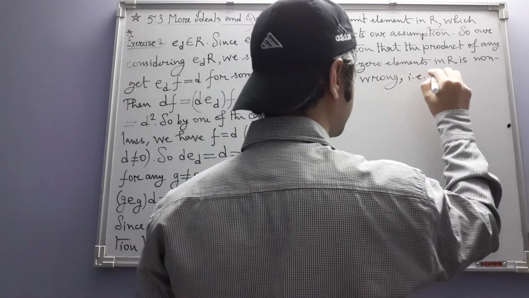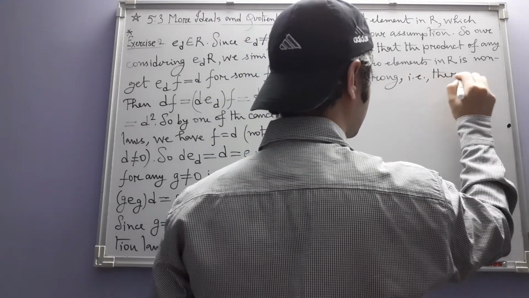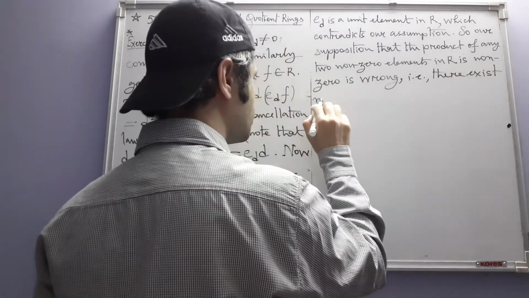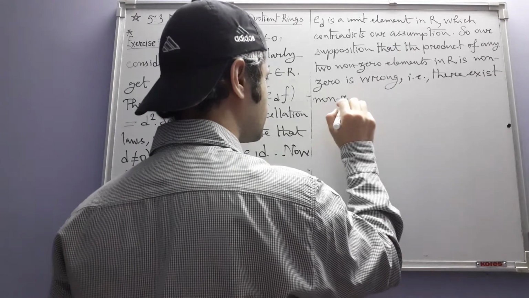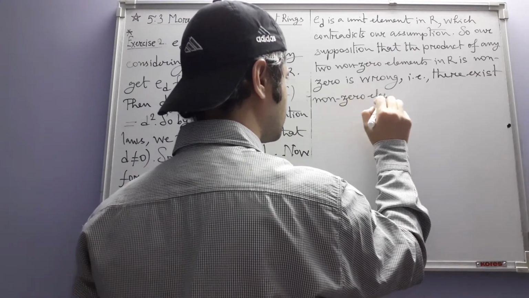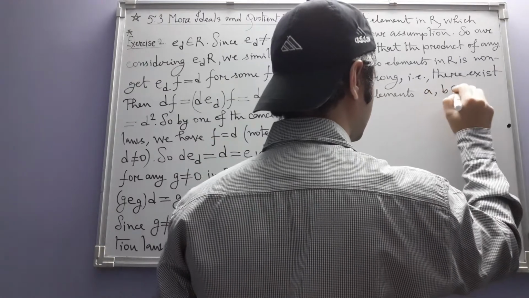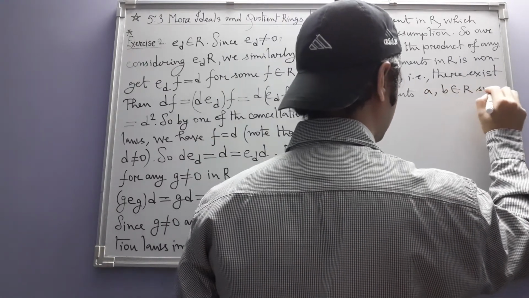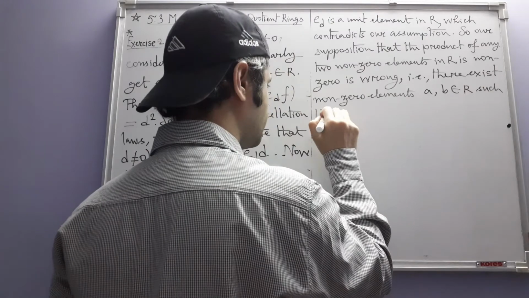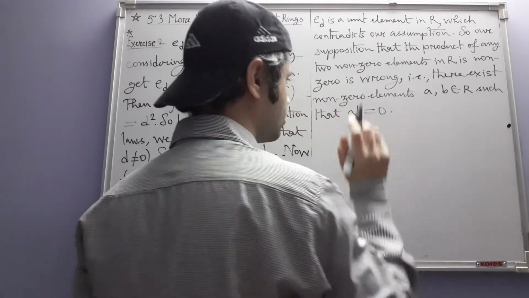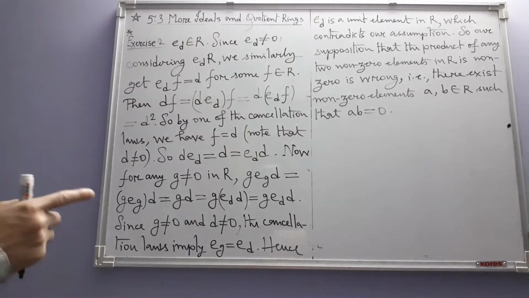That is, there exist non-zero elements A and B in R such that their product is equal to 0, and this was our claim. So we have now proved the claim.